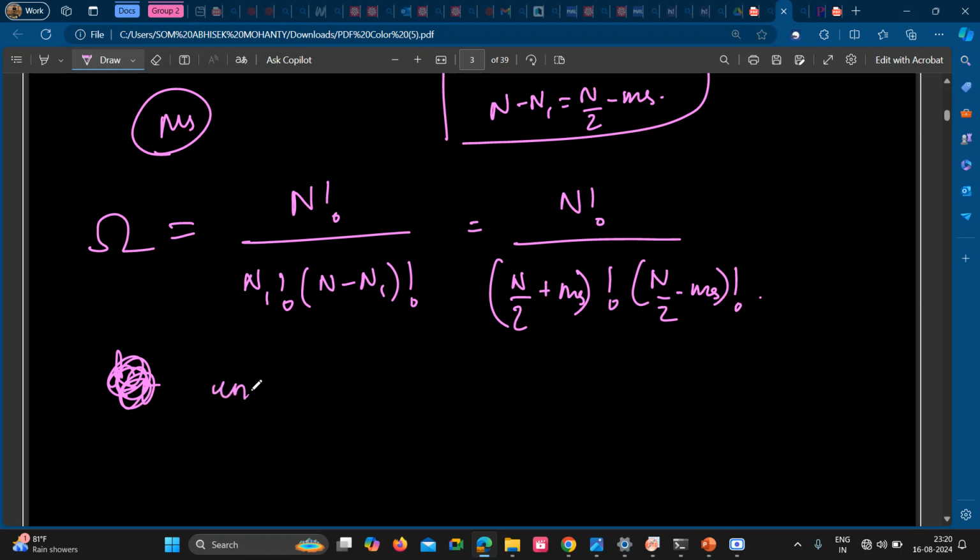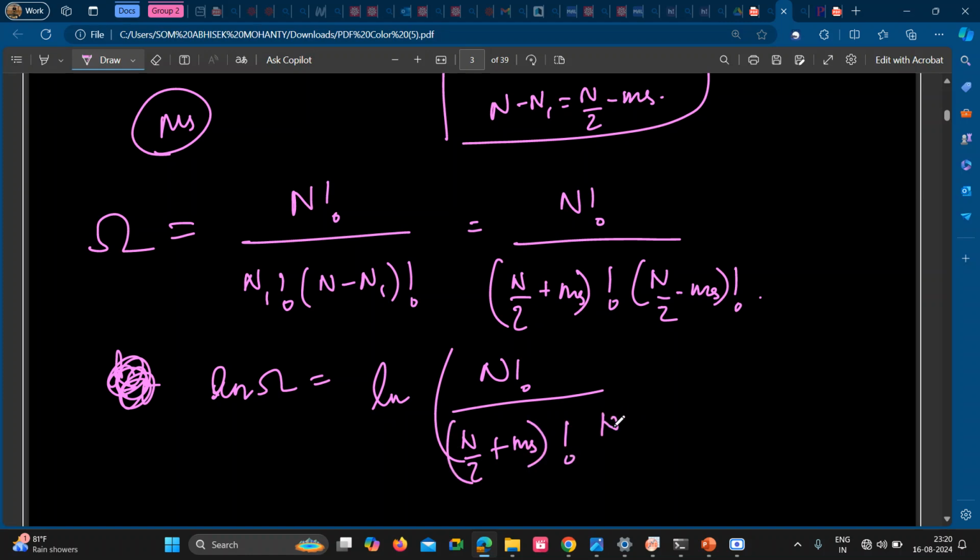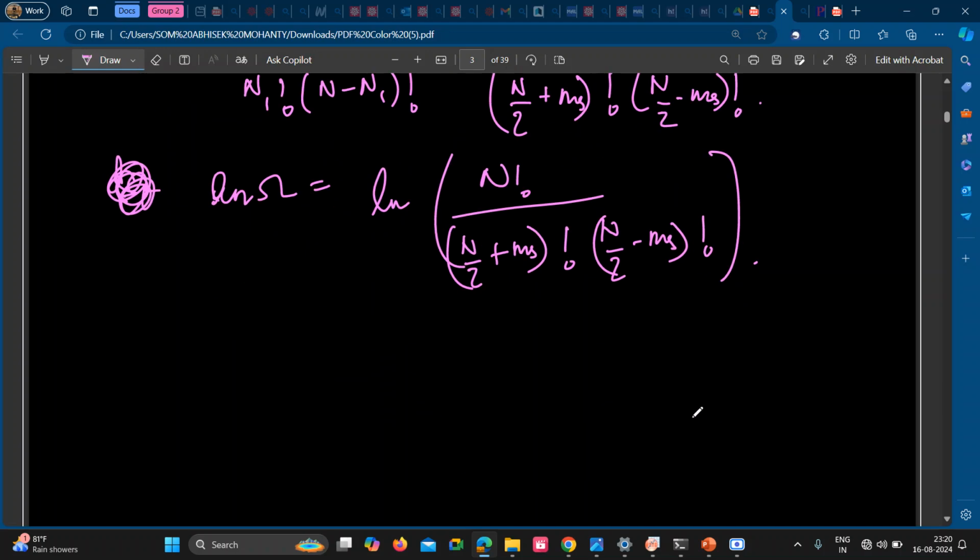Okay, ln omega is equal to ln of the number of microstates, n factorial over (n by 2 plus ms) factorial times (n by 2 minus ms) factorial.